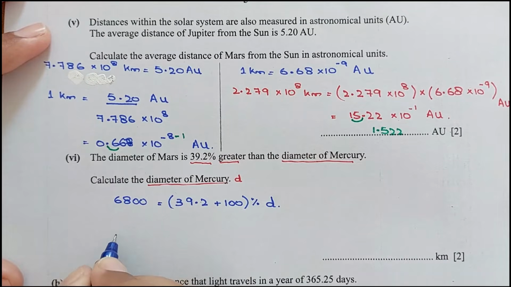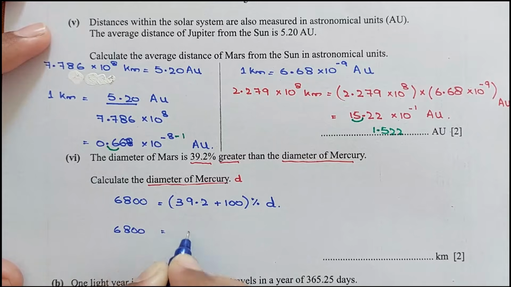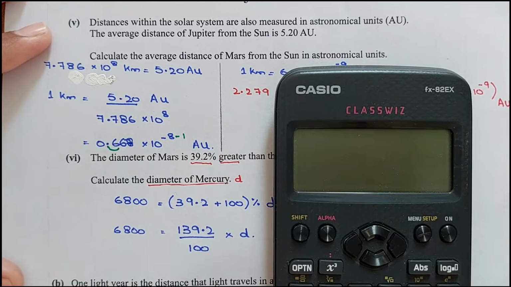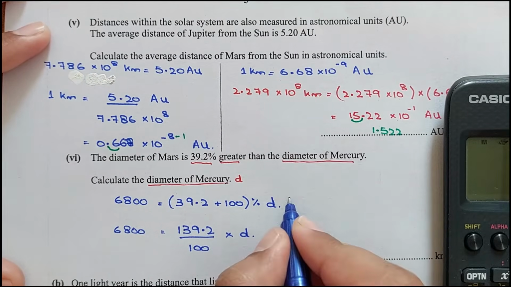So to solve for D, we can say 6800 equals 139.2% of D. So to solve for D, what is D?